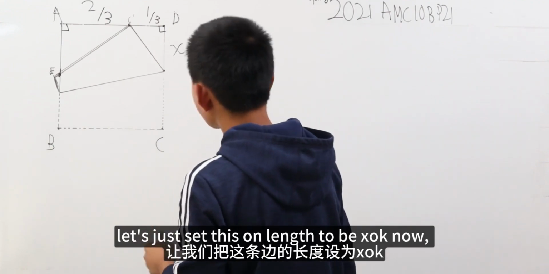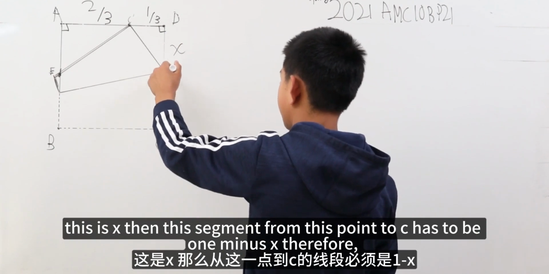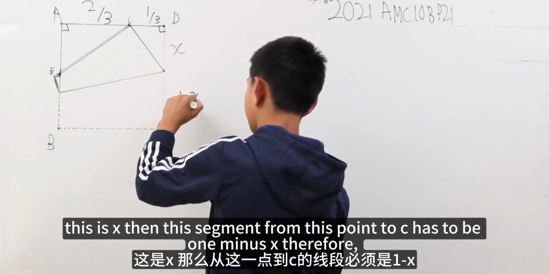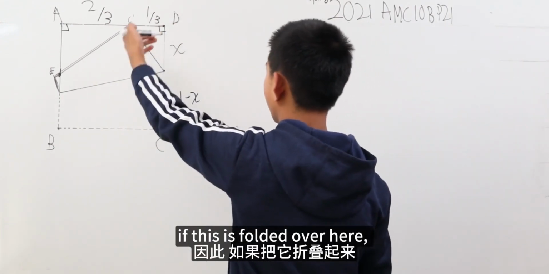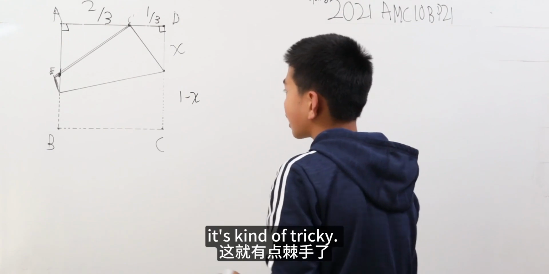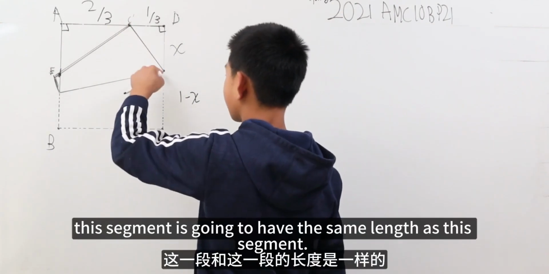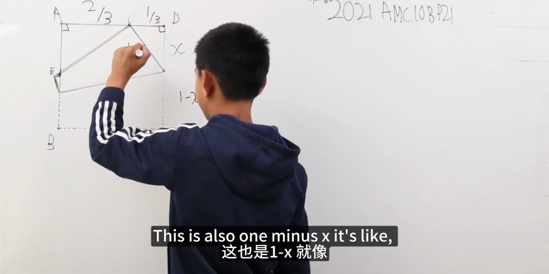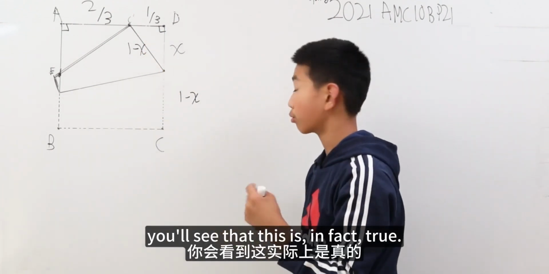Now, if this is x, then this segment from this point to C has to be 1 minus x. And if the paper is folded over here, this segment is going to have the same length as this segment, so this is also 1 minus x. If you're doing this in real time, you'll see that this is in fact true.